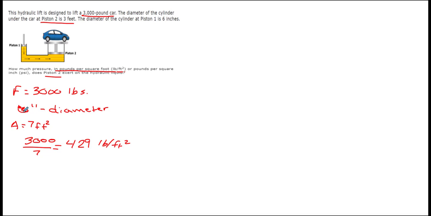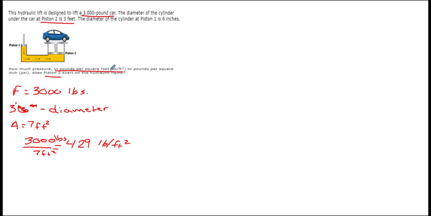Actually, this is not 6 inches, this is 3 feet, apologies. So the area is 7 feet squared. So I used feet, not inches, to give me pounds per foot squared, right? If this is feet squared and this is pounds, then my answer is going to be 3,000 pounds divided by 7 feet squared, which gives me 429 pounds per foot squared.